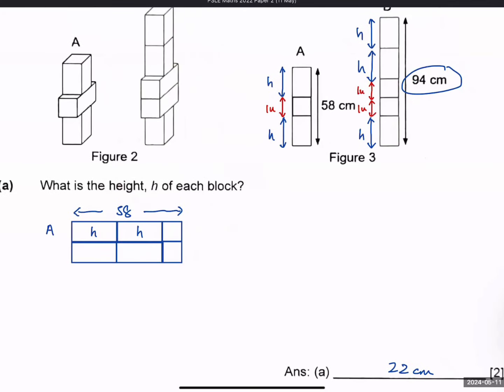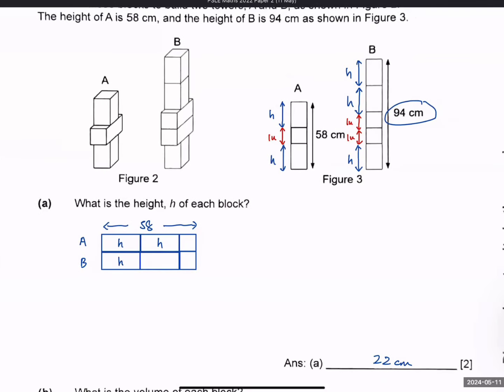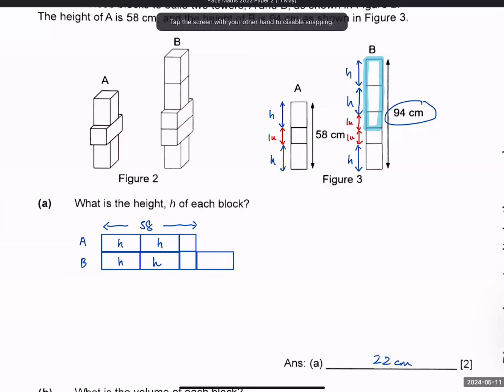This is your tower A. This is your tower B, yeah? I also have a 58, right? But what else in addition to it do I have? So this is my 58, as you can see. But I have one more H. And I have one more small block.